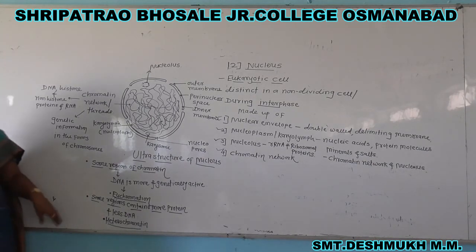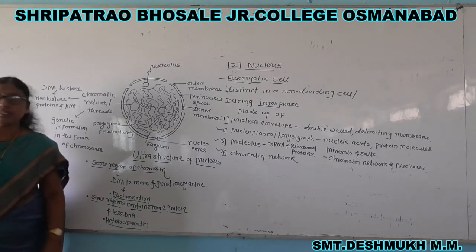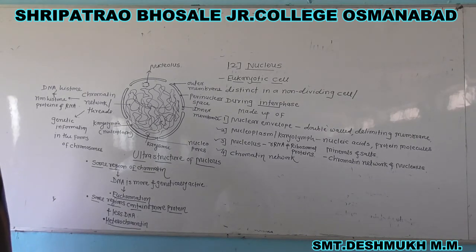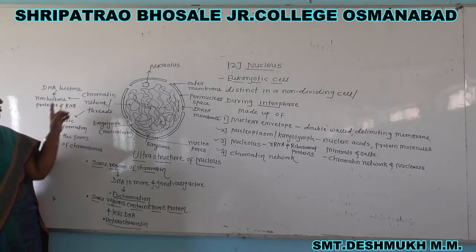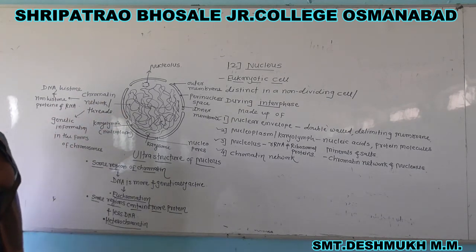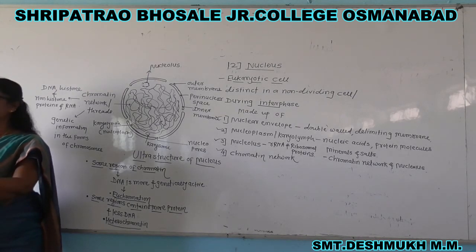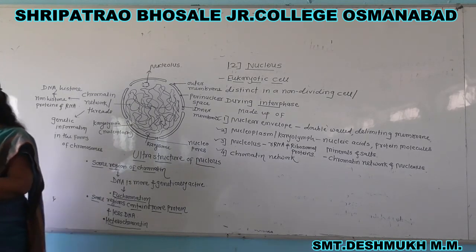Every species of living organism has a specific number of chromosomes. A human cell has 46 chromosomes.